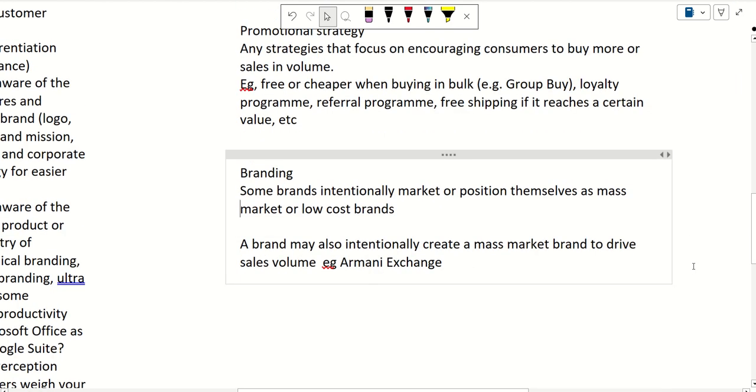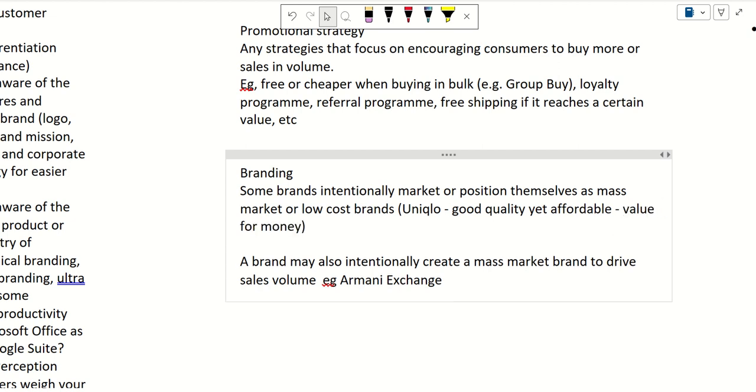Some brands intentionally market or position themselves as a mass market brand. So they do not want to show that they are very expensive. They are good quality, yet affordable, right? Good value. It's not a cheap brand, it's good quality and yet affordable, like Uniqlo. So what we call value for money.